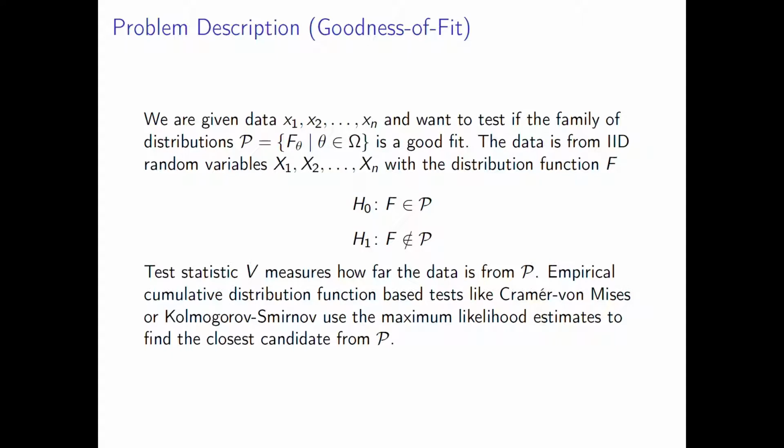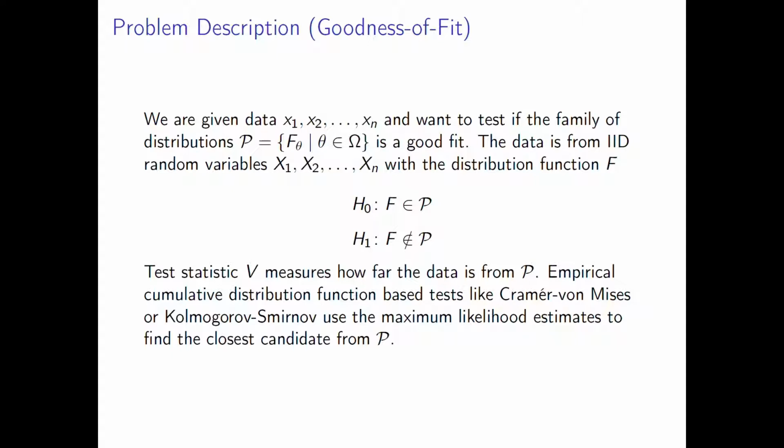Next step is to define a test statistic, and we will denote it as V. This measures how far the data is from P. But P is a family of distributions, so we have to fix a particular distribution from this family, and we use the maximum likelihood estimators to fix the closest distribution from this family.